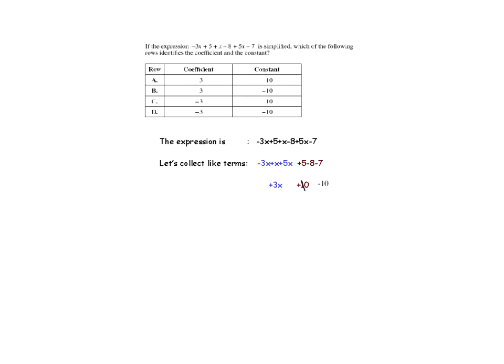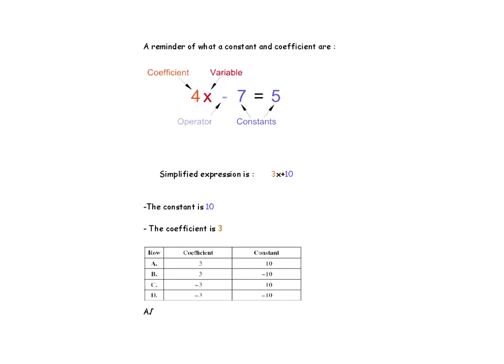All right, so since that's -10, we can see what we end up with: +3x minus 10. And again, I'm just going to change this to -10.